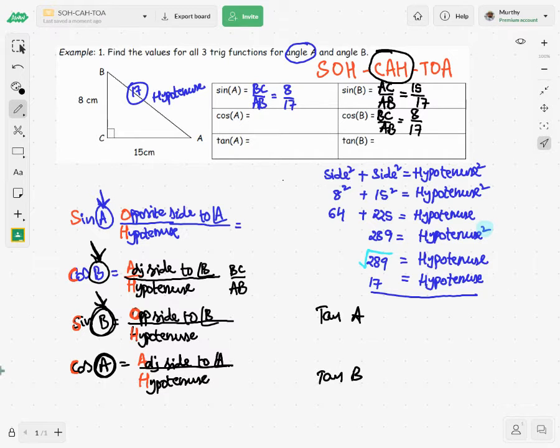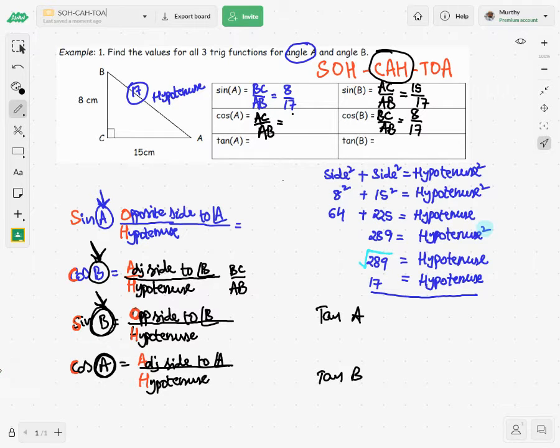Here is angle A. Adjacent side means the side which is next to the given angle other than hypotenuse. So here that is AC. So I'm taking cos A and I'm writing here it is AC over hypotenuse AB, and then just plug in the values.